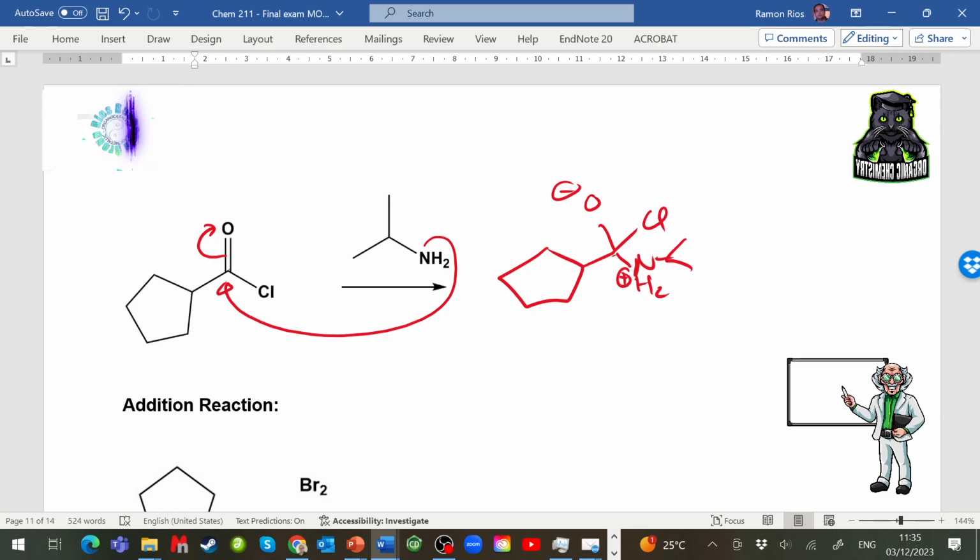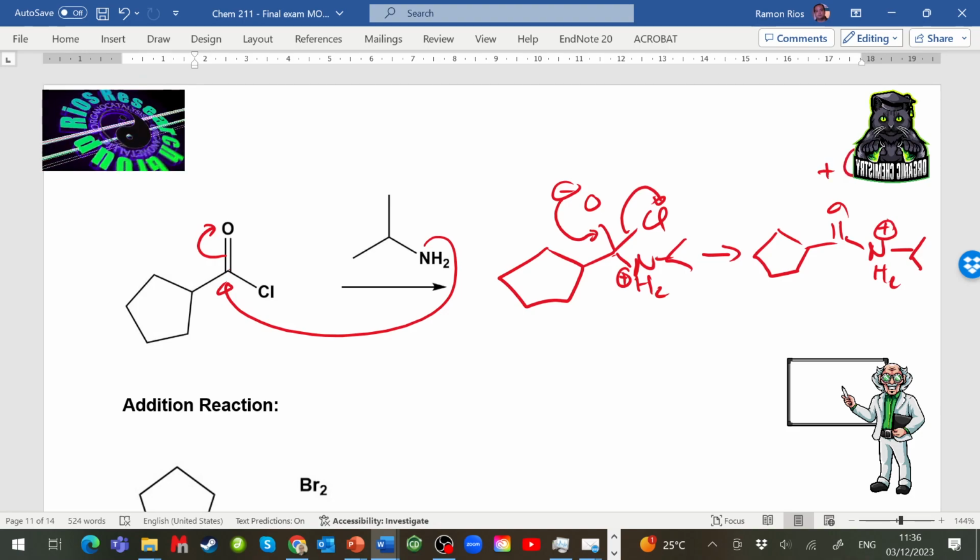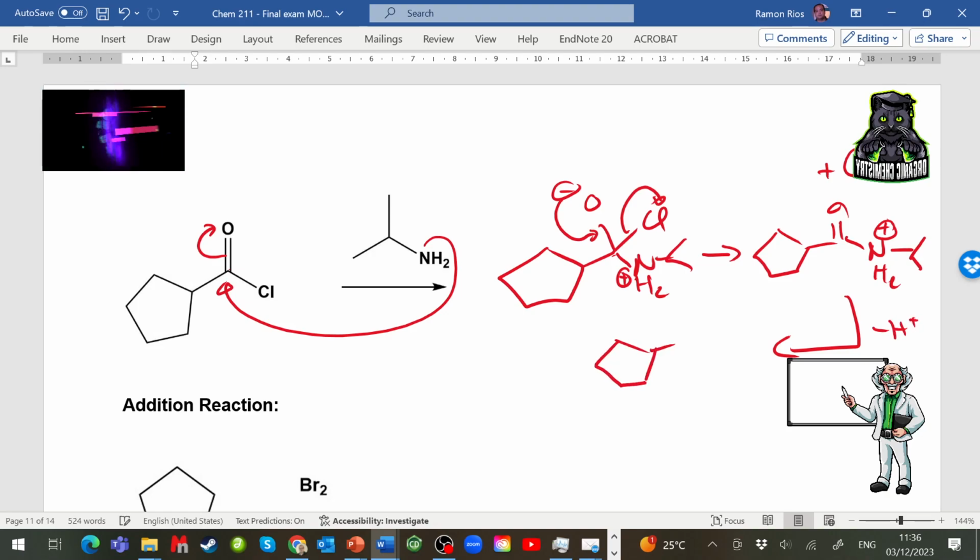Next step, the pair of electrons of the oxygen recovers the double bond, and the leaving group, in this case the chloride, departs. Then simply we remove the proton, because remember, we don't want anything charged. We remove a proton of the amide, and what we get is the final amide.